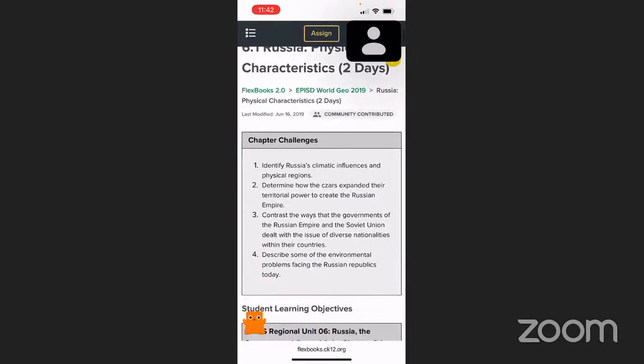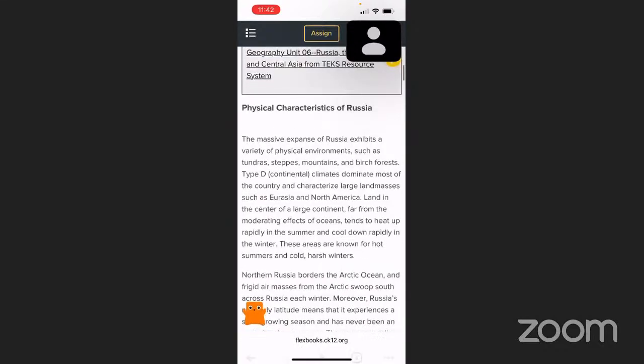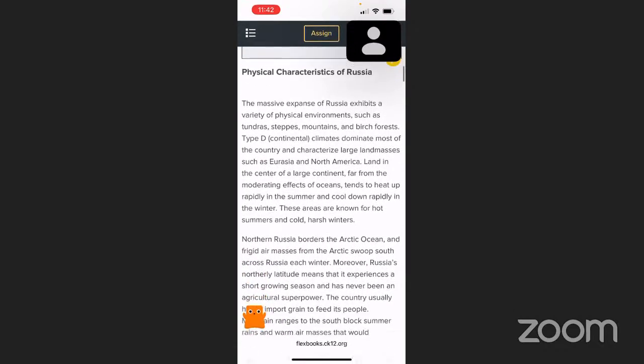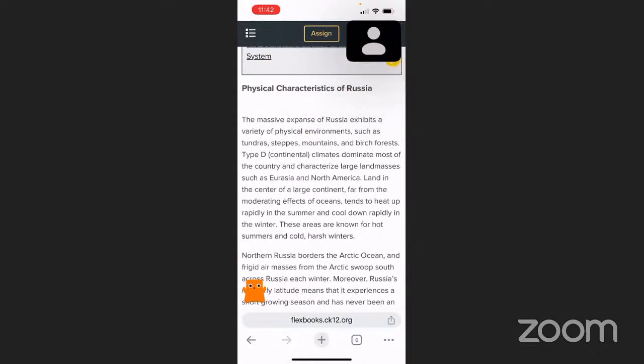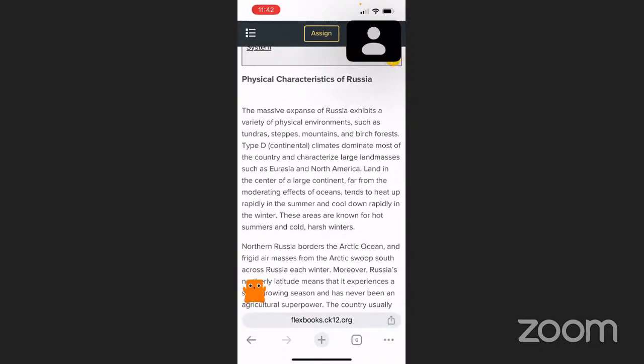Russia characteristics. Okay, so Russia's physical characteristics. Can you read, Haika? Yes, physical characteristics of Russia. The massive expanse of Russia exhibits a variety of physical environments such as tundras, deserts, mountains, and forests.